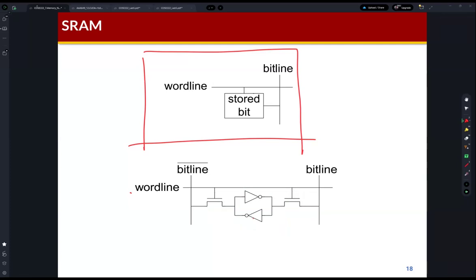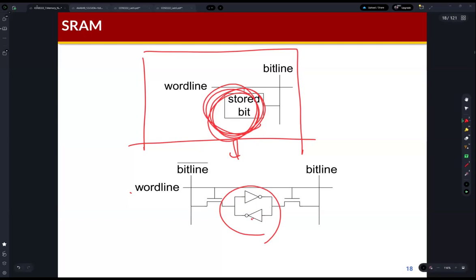And then actually the type of this memory cell determines the performance of memory. Okay. Because the SRAM uses the cross-coupled inverters, SRAM is best because this is an active device.